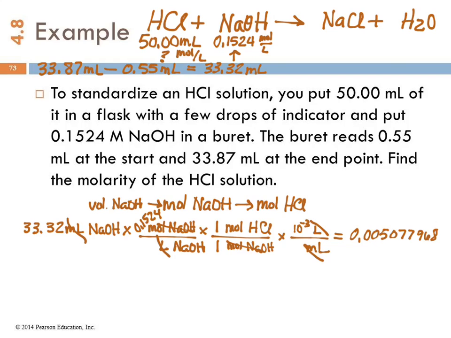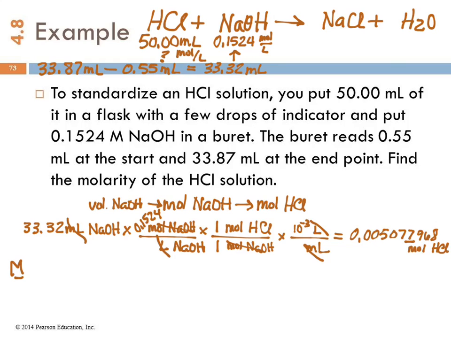I'm using the app on my iPhone, and it's not the best scientific calculator. Moles of HCl. Now that should have 4 sig figs, so the last significant digit is there. I don't want to round that yet, though, because we're not done, right? That's moles of HCl.